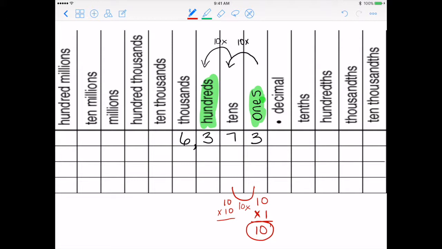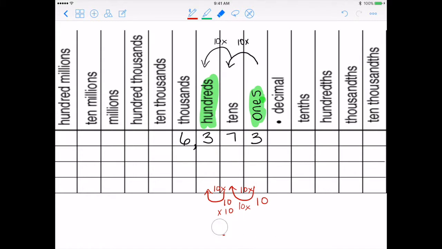What's 10 times 10? If you guessed 100, you guessed correct. So now you're moving another place value to the left, and you've just increased its value 10 times. Now, I know that looks like a lot of 10s and 10 times, but basically what's happening is every time you move from one place value to the next, you've increased the value 10 times.